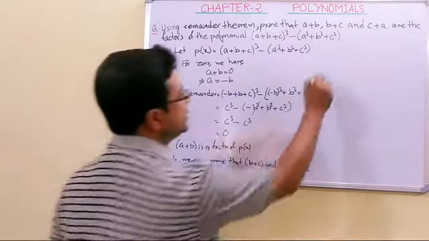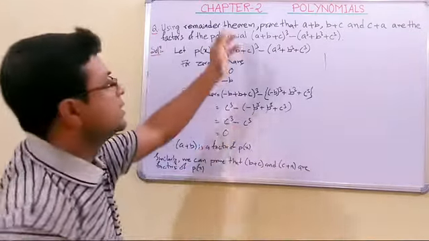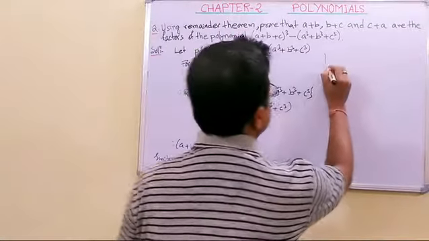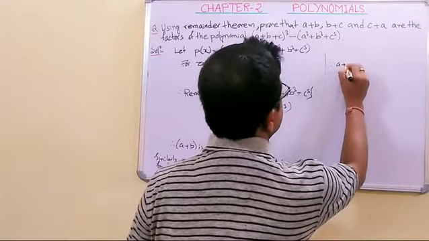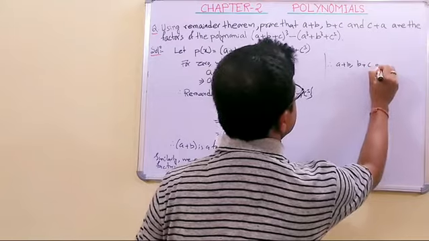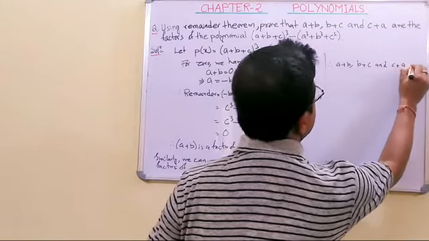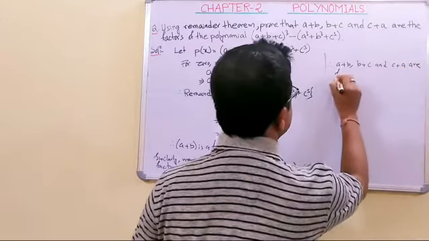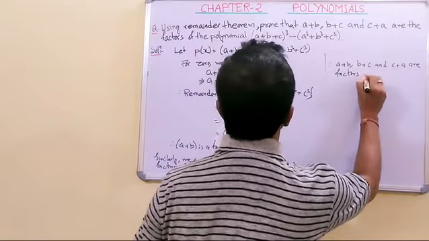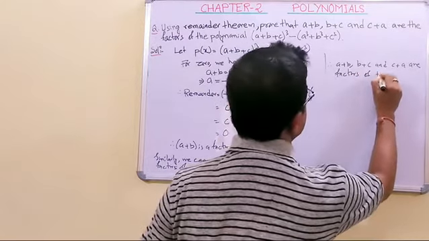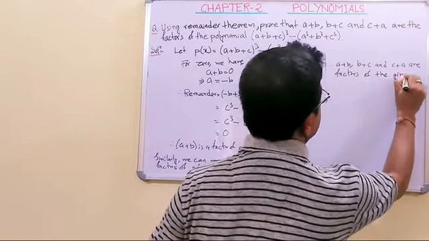Now let us combine these two statements. Let us write what is asked. So therefore a plus b, b plus c and c plus a are factors of the given polynomial.